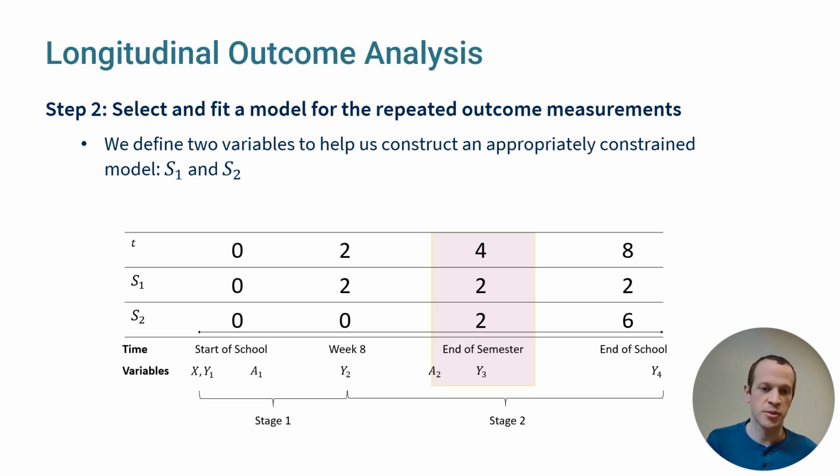We got the time from month 2 to month 4. Then lastly, we'll look at time t equals 8. So at this point, still 2 months have elapsed in stage 1, but 6 months have elapsed in stage 2. So that's why the second variable S2 is now equal to 6. There's 4 months in between these last 2 points here.